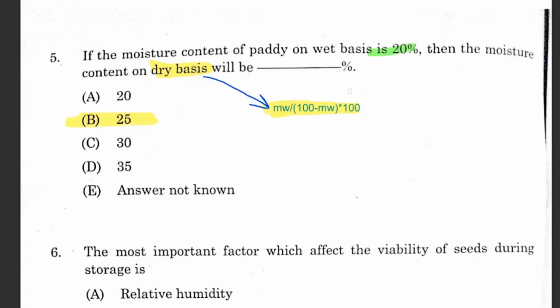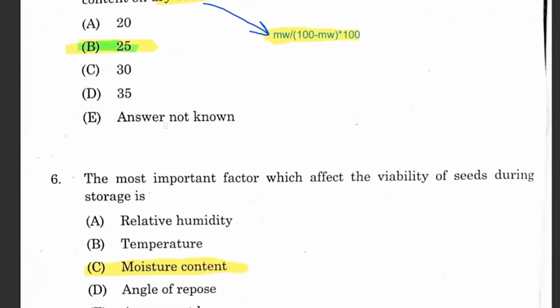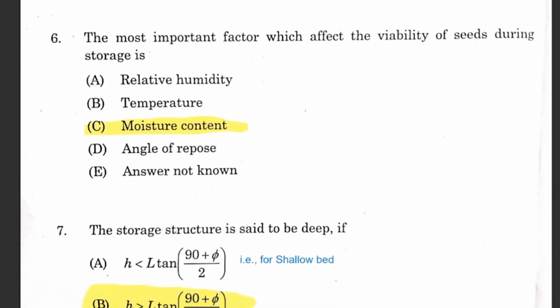Using this formula we get 25%. Option B is correct. Question number 6: the most important factor which affects the viability of the seed during storage is moisture content, so option C is correct.